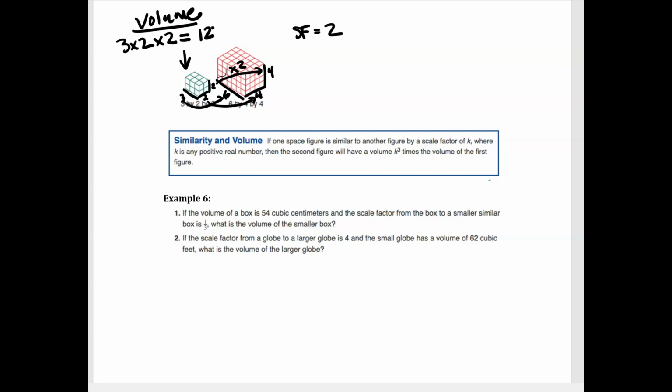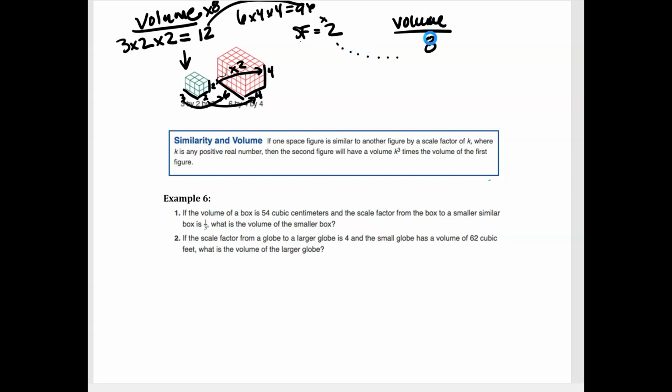The volume of this next one is 6 times 4 times 4, and we end up getting 96. Well, how does 12 compare to 96? 12 times 8 is 96. So the scale factor is 2, and the volume changes by 8.